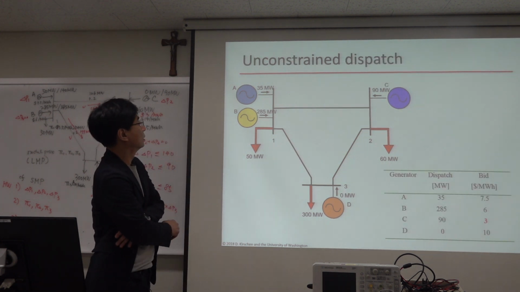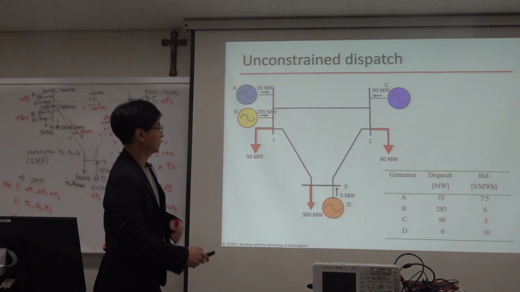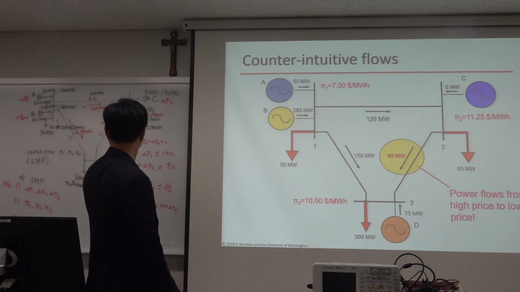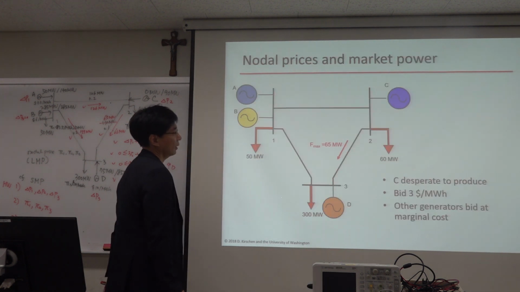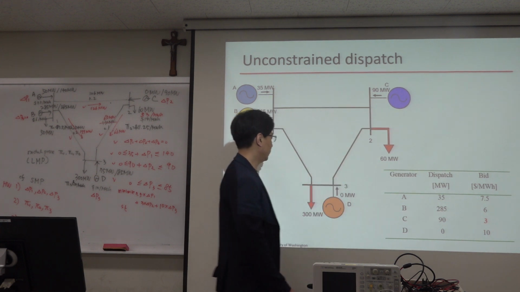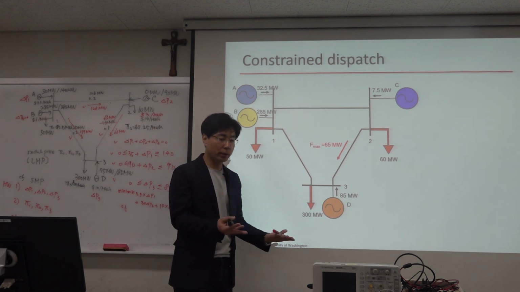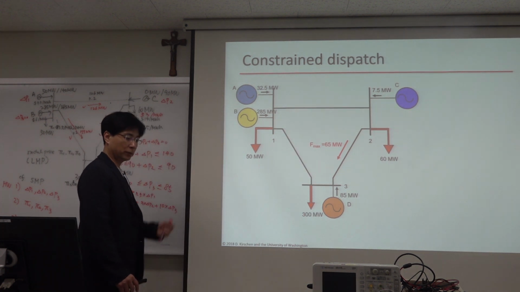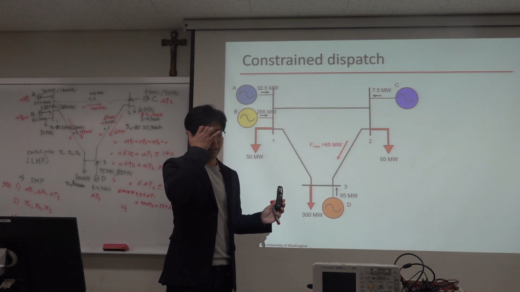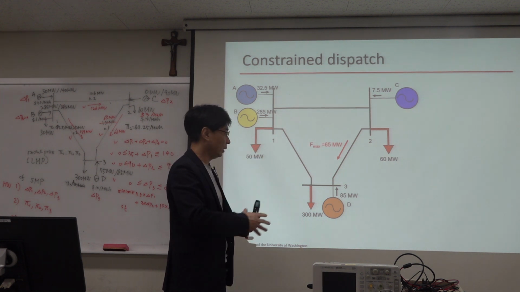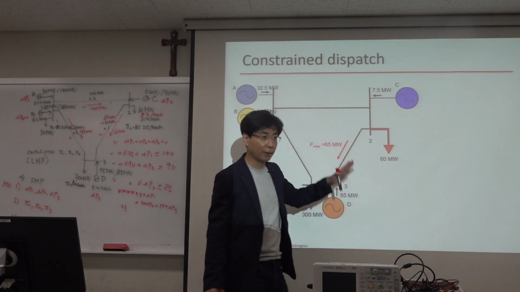By the way, previously it generates 75 megawatt, and with the new bid and new constraints, it's 85 megawatt. So it generates 10 more megawatt hour, and the price is increased from 10 to 12. Actually it generates 2 megawatt more, but anyway, it increases revenue very much. Okay, thanks to generator C and the reduced capacity.